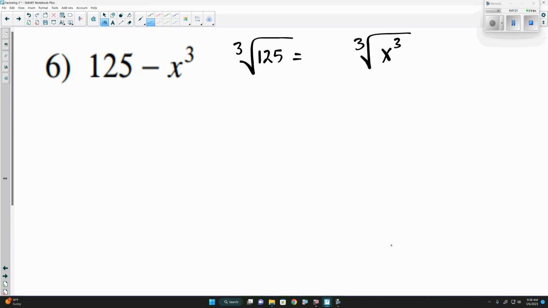Part of the reason we take the cube root is, one, to make sure that they are both perfect cubes, and two, so that we know our first and second term, our a and b. The cube root of x cubed is the easiest one because it's just x. Whenever the root and the exponent are the same, they simplify out.